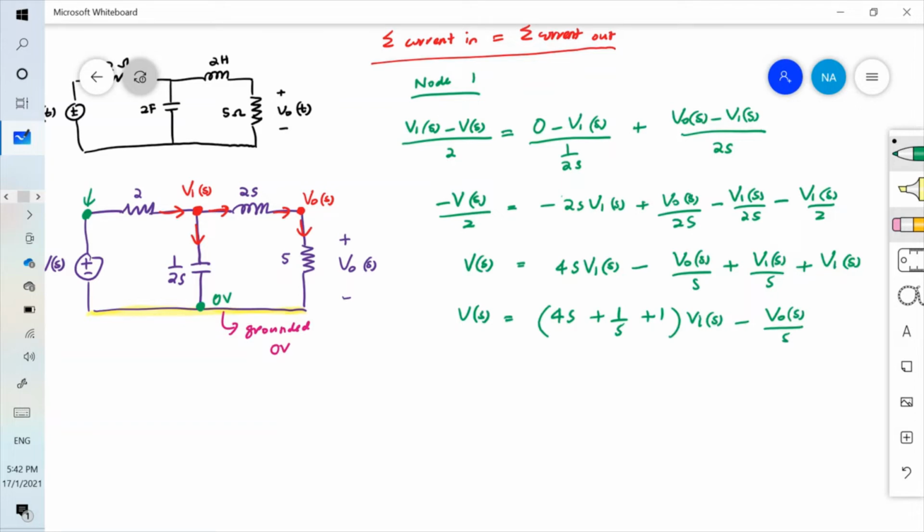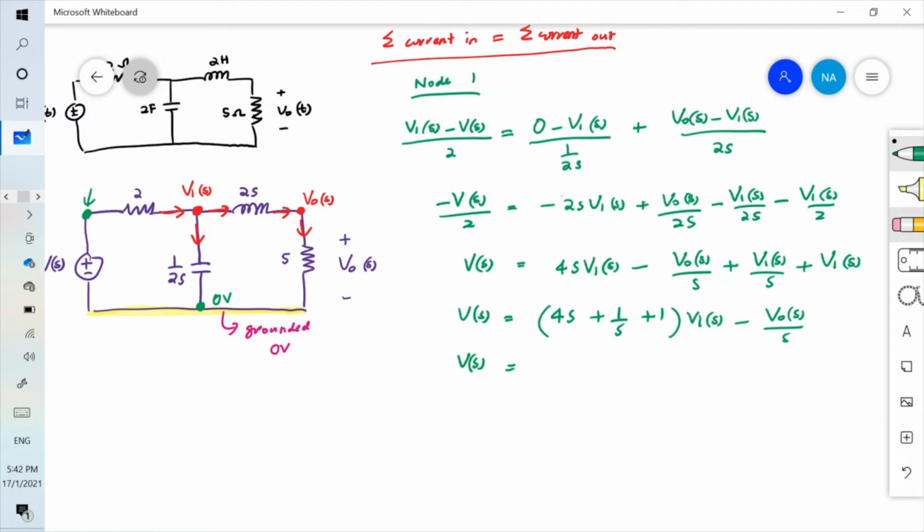Okay, so as I mentioned, for an equation with a lot of terms in bracket, you need to make sure the denominator is the same so that it's easier to solve later on.